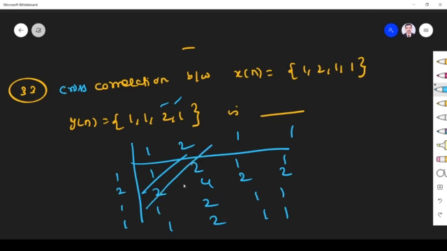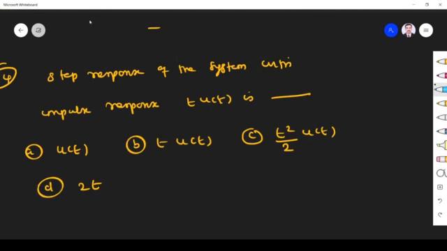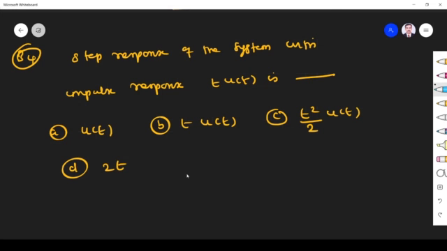So Rxx of L is given by: the first one is 1, then 2 plus 2, 4, then 1 plus 4 plus 1, 6, then 1 plus 2 plus 2 plus 1, then 4 plus 6, then 2 plus 1, then 2, 5, then 1 plus 1, 2, 1. Simple problem.